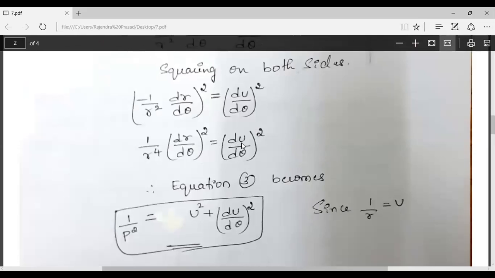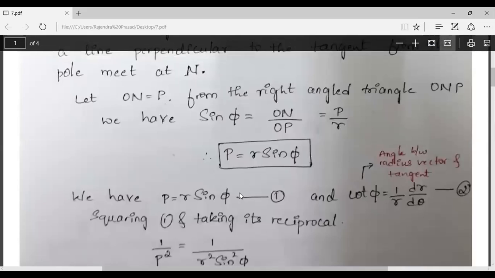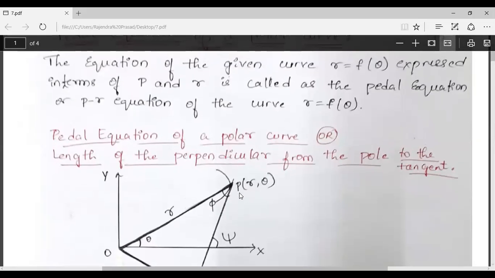In place of this, we substitute du by d theta whole square. So equation number 3 becomes 1 by p square, and in place of 1 by r square we substitute u square, because 1 by r is equal to u. So 1 by p square is equal to u square plus du by d theta whole square. This is the length of the perpendicular from the pole to the tangent.